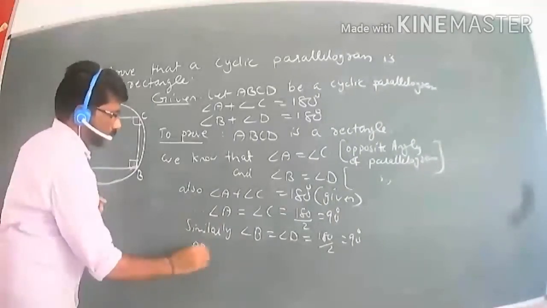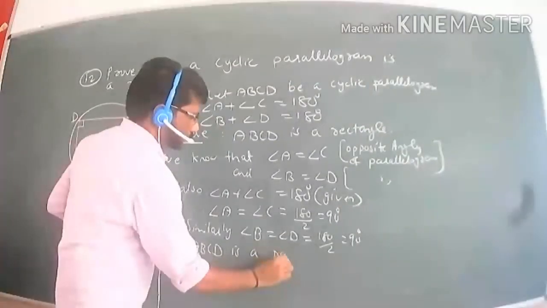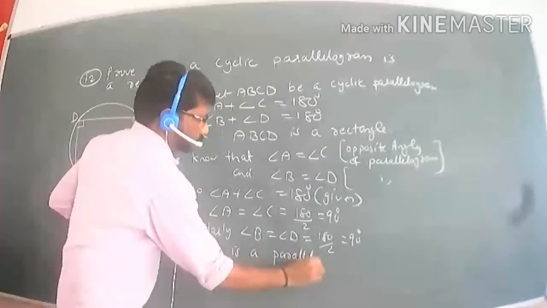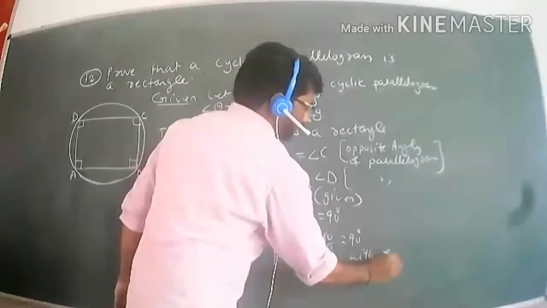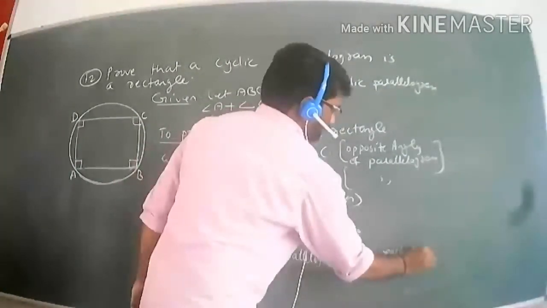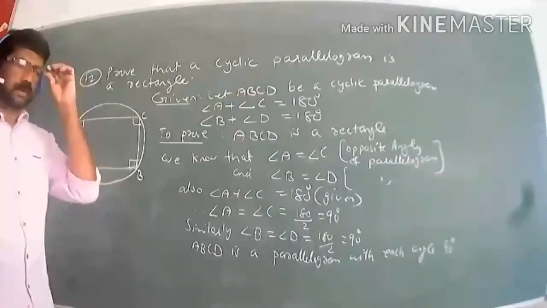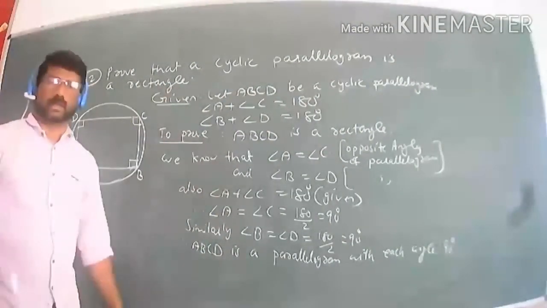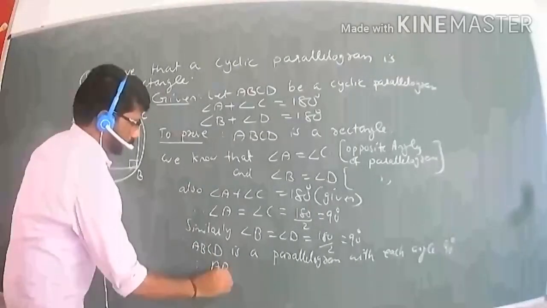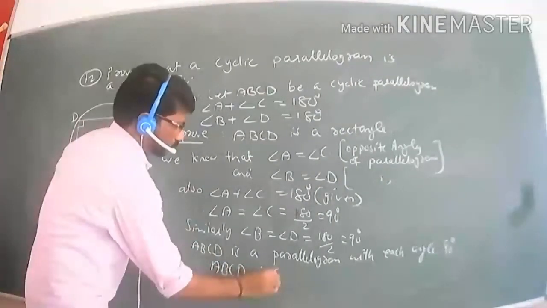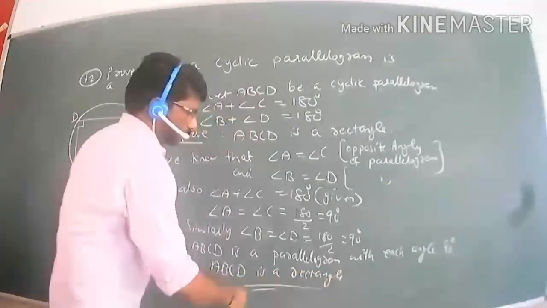Therefore, ABCD is a rectangle, a parallelogram with each angle 90 degrees. If one angle is 90 degrees, then automatically all the other angles also will be 90 degrees. So ABCD is a rectangle. Hence proved.